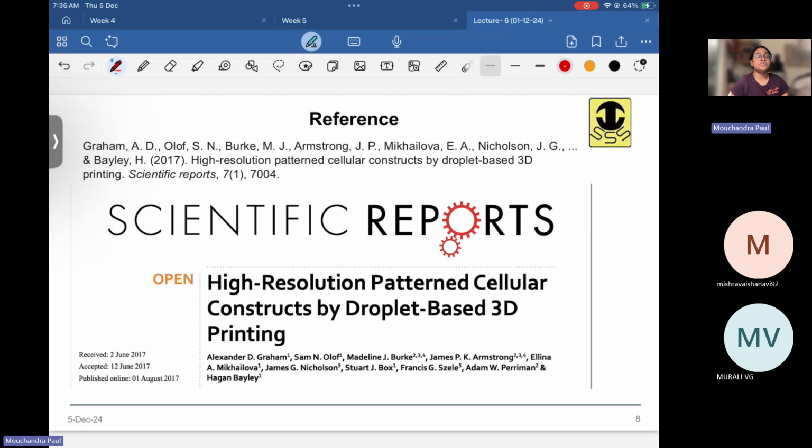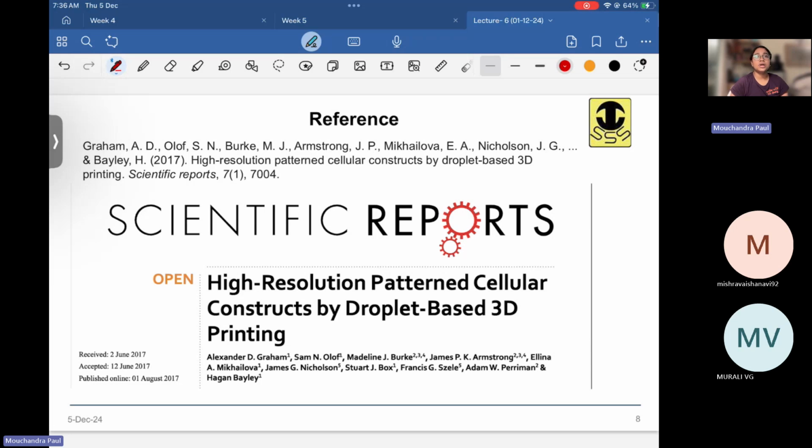So it's possible that in droplet based you can be limited by few cell types, whereas extrusion based systems usually come with multiple print heads. I have seen a machine with six print heads actually. So you can print six cells at a time in extrusion based, whereas droplet based systems usually come with one print head.